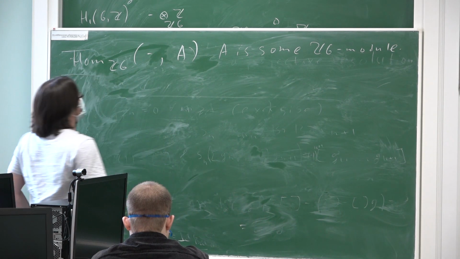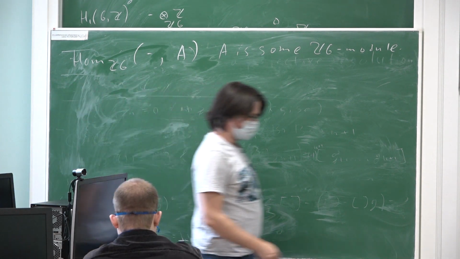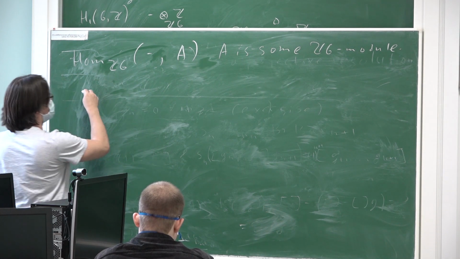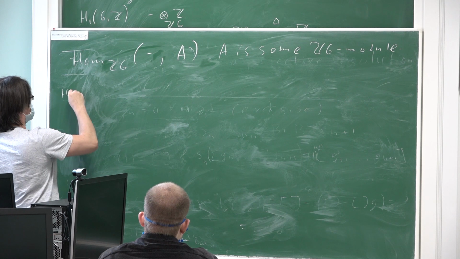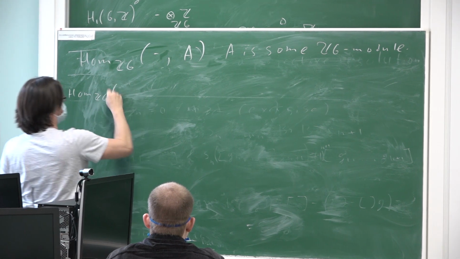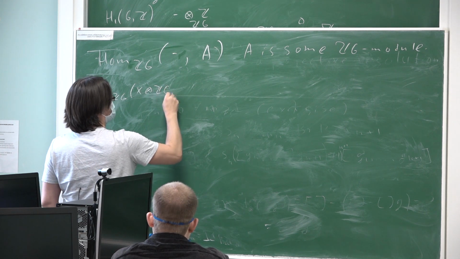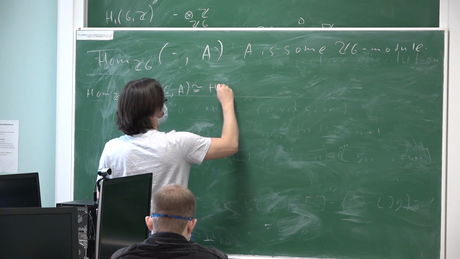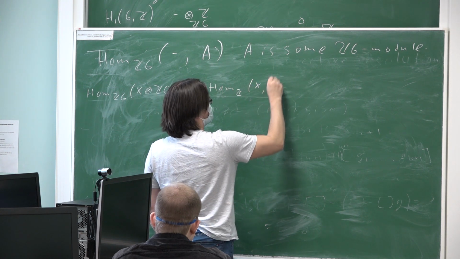If you have something like Hom over ZG of X tensor over ZG with A, then it is isomorphic to Hom over Z from X to A, of course.